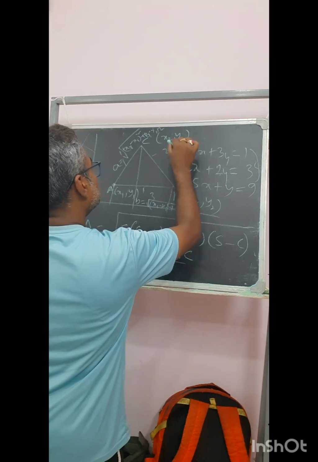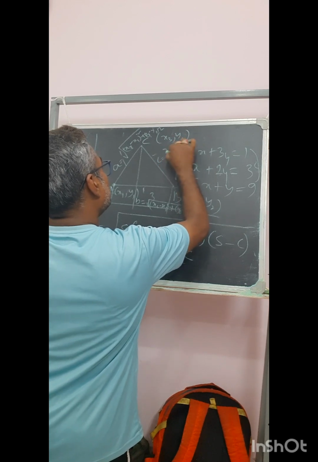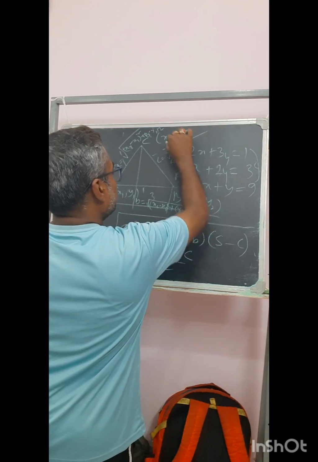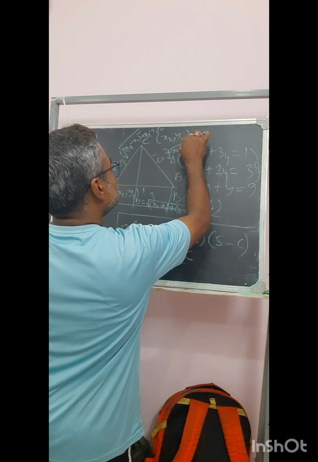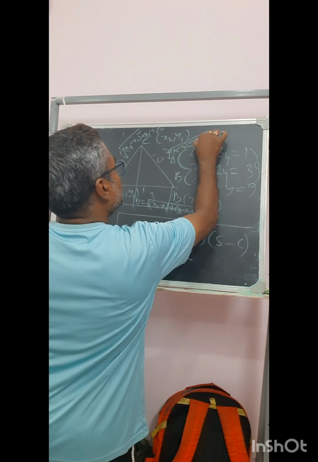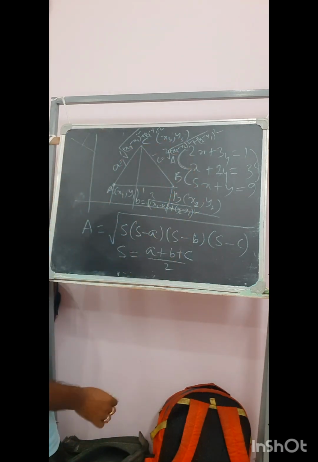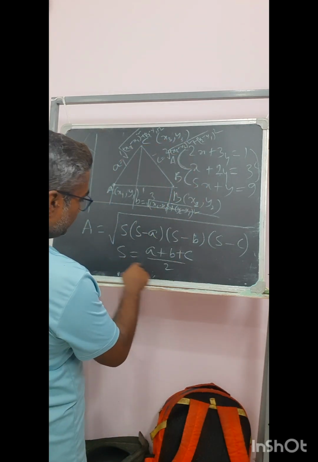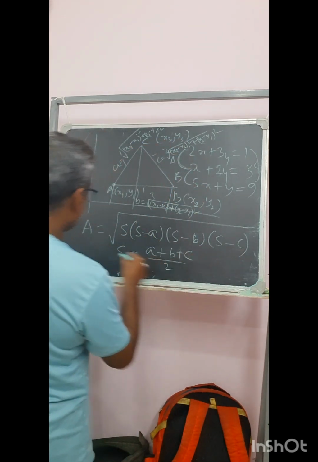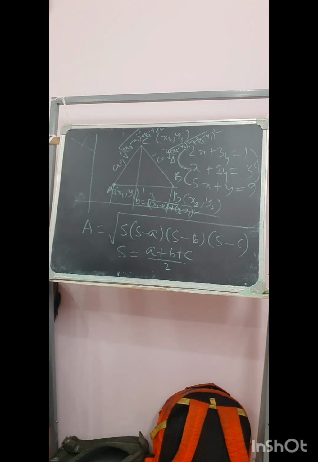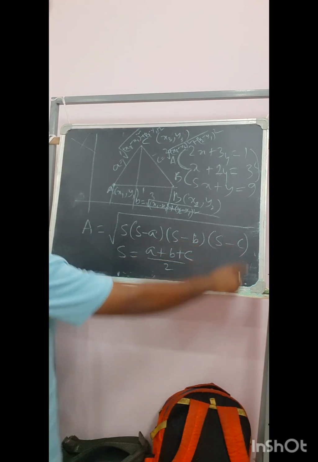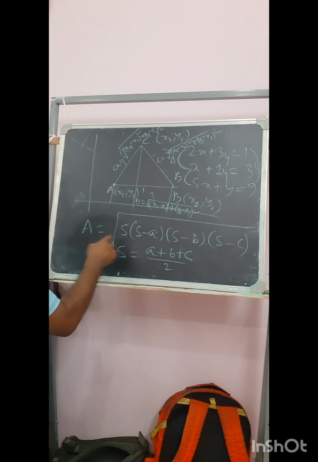This is C, so C I am getting as x3 minus x2 whole square plus y3 minus y2 whole square. So once you get A, B, C, you will be able to find S, and if you put in these values you will get the area. This is the area formula for any triangle where the side lengths are known.